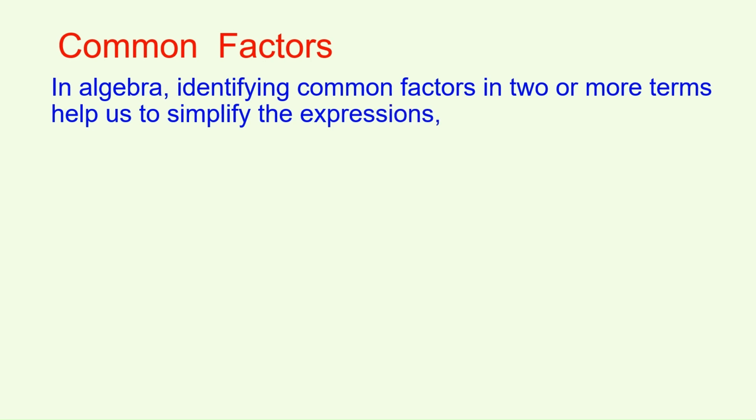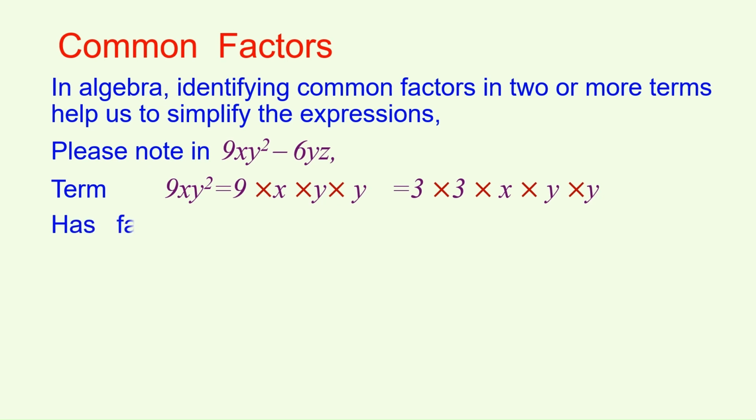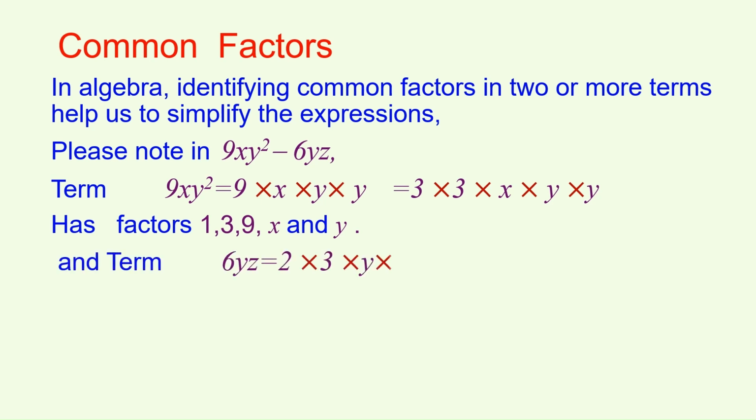In algebra, identifying common factors in two or more terms helps us to simplify the expressions. Please note in the 9xy squared minus 6yz, the term 9xy squared equals 3 times 3 times x times y times y and has factors 1, 3, 9, x and y.